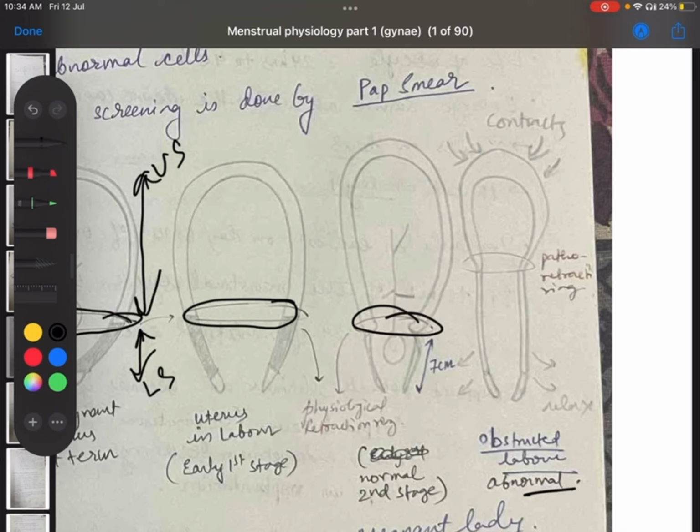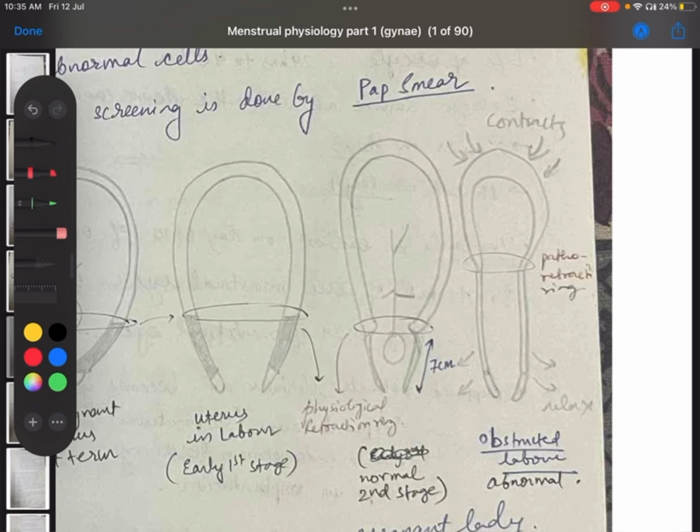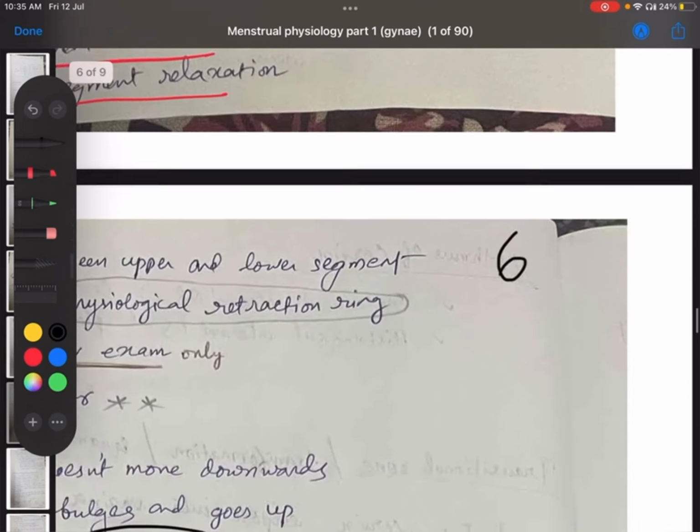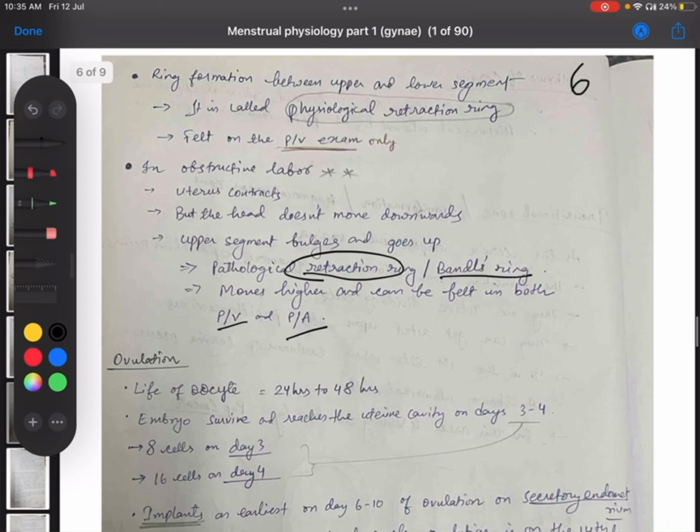A pathological retraction ring is seen here, and it can be observed through per vaginal as well as per abdominal examinations. One thing you need to remember is the term Bandel's ring. For the pathological retraction ring, the alternative name is the Bandel's ring.